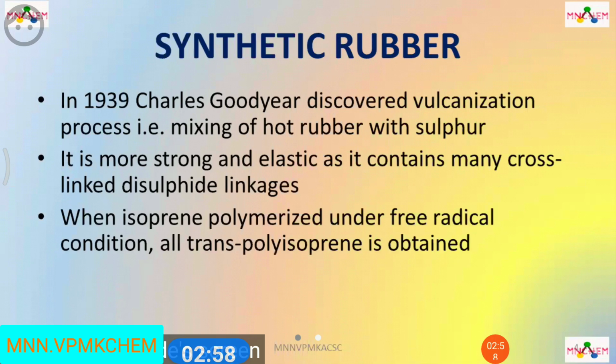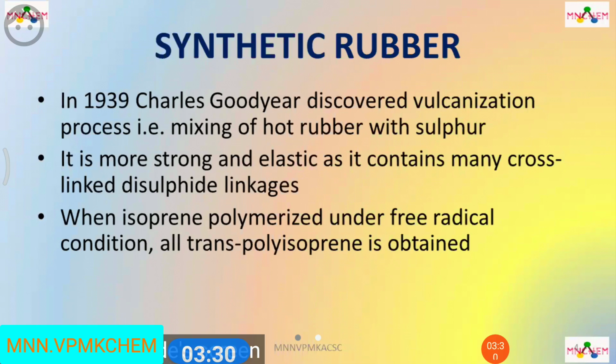We can synthesize rubber in the laboratory. If an isoprene unit is polymerized under free radical conditions using peroxide, transpolyisoprene is obtained. It is also called Gutta-percha. So depending upon the reaction conditions we use, the isoprene unit gets polymerized into cis or trans form.